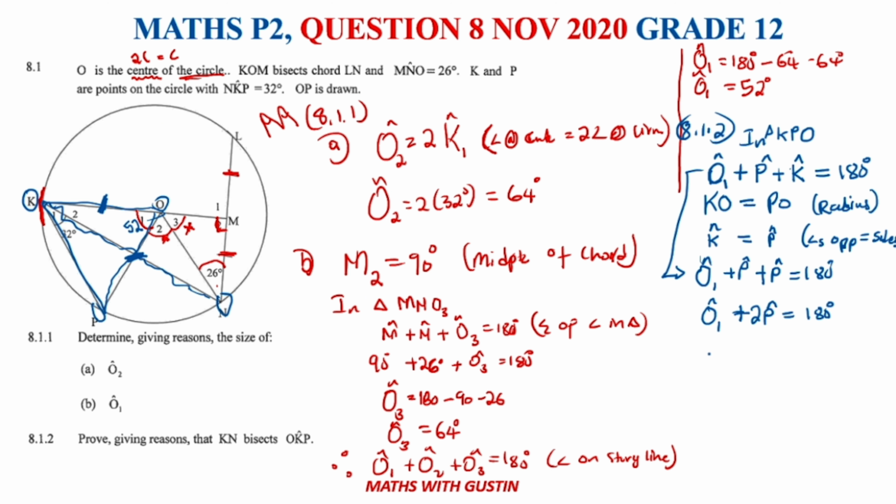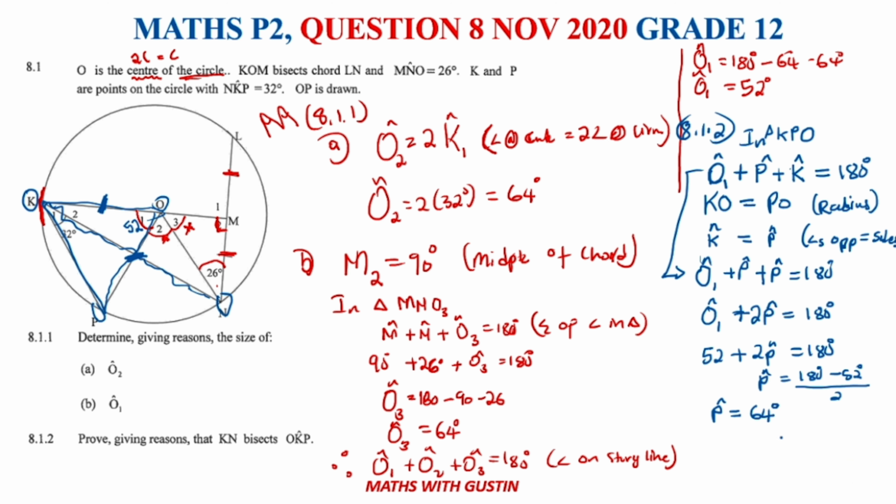We know O1 is 52. Therefore we are looking for P. Take 52 to the other side. P will be equal to 180 minus 52, all over 2, which is 64. P is equal to 64.